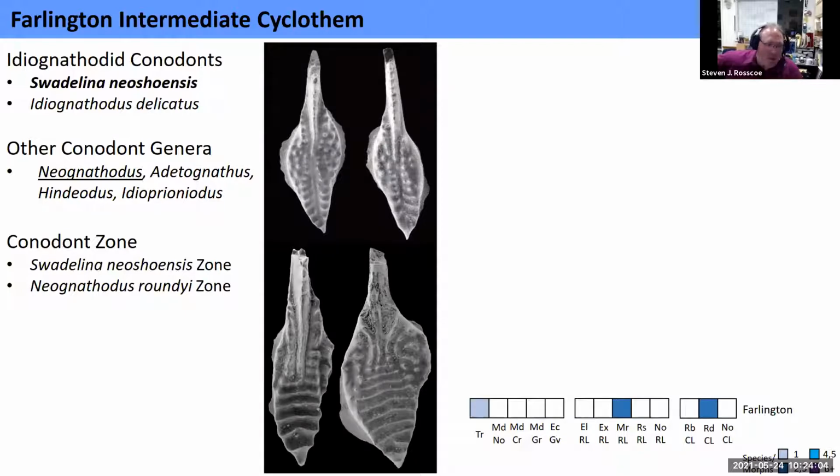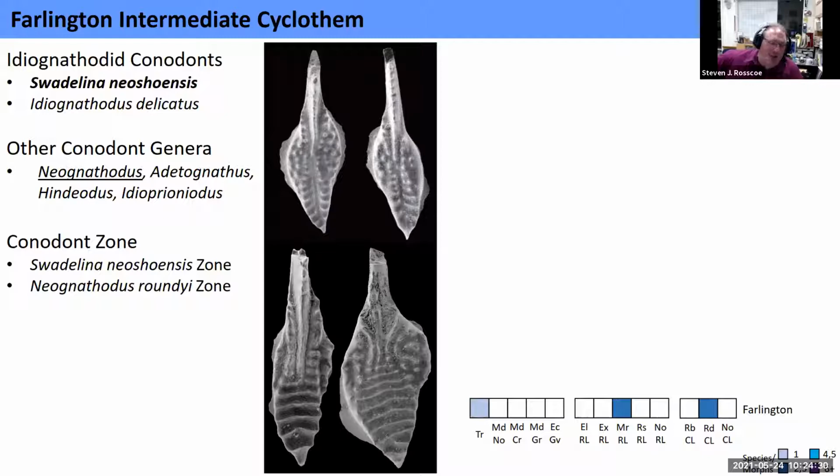This is by no means an extensive list of features. The first grouping of 3 from the right is your caudal lobe features, whether it's robust, reduced, or simply no caudal lobe. The middle set of boxes here represents the rostral lobe, and we go from elongated rostral lobes to expanded to medially restricted, restricted, and no rostral lobe.